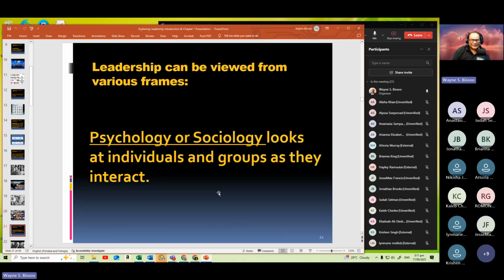All right, so let's look at another framework, and this is the last framework we're going to be looking at. A lot of what we're going to look at in the future in terms of leadership is going to be through the lens of psychology and sociology. Of course, psychology looks at the individual, sociology looks at us as groups.